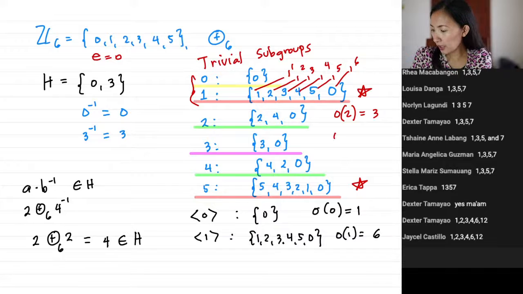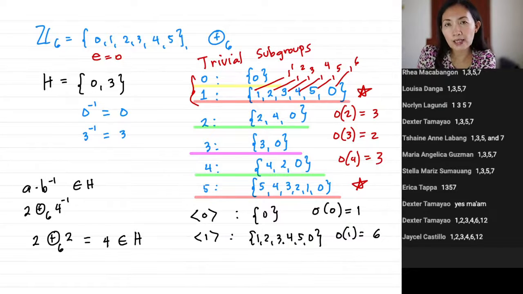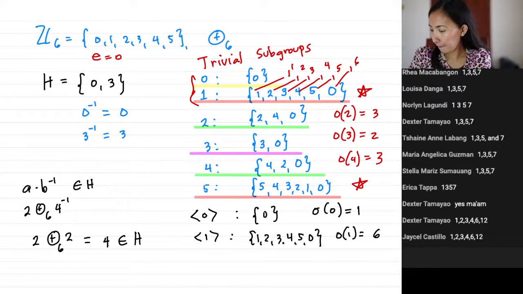The order of 3 is 2. Does 2 divide 6? Yes. Here, the order of 4 is 3. So, walang subgroup na may 5 elements. Walang subgroup na may 4 elements because 4 does not divide 6. Next.